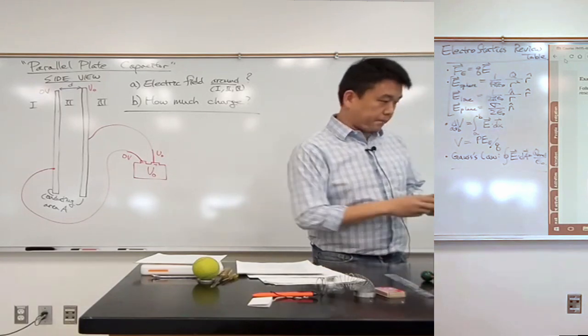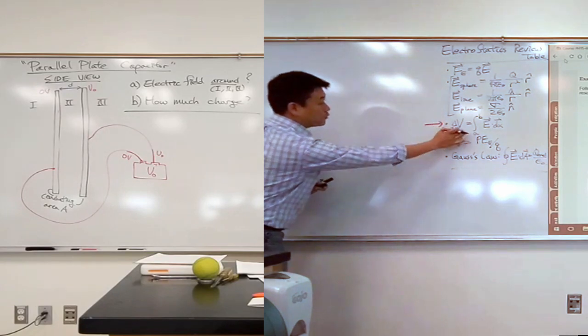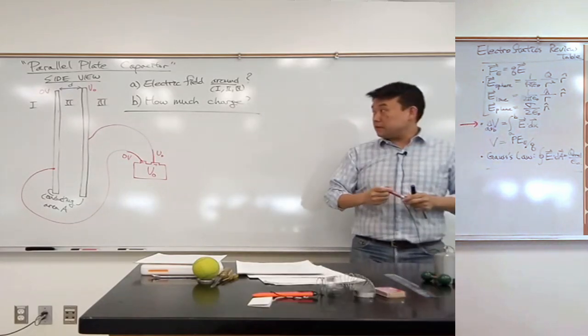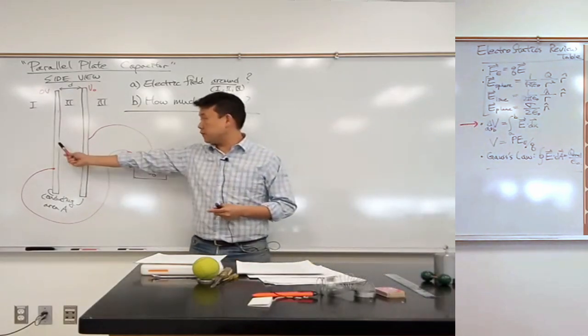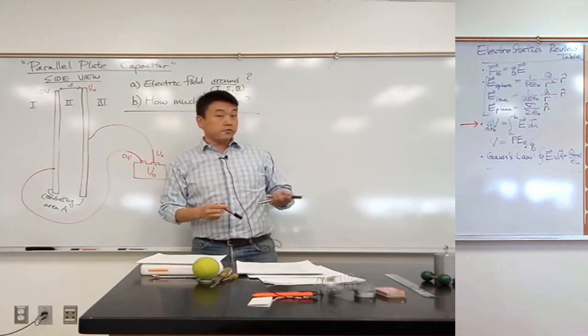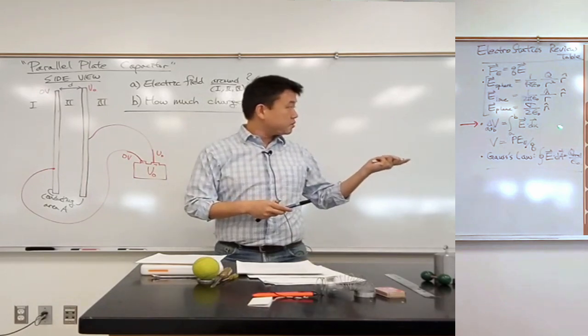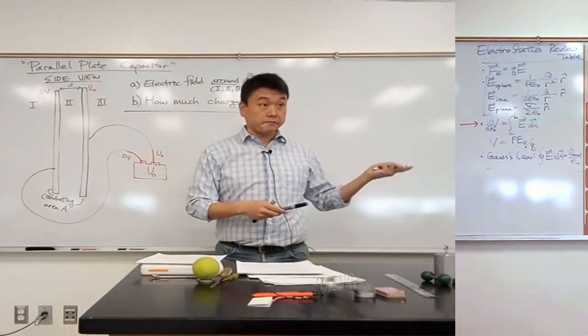So, Kate is looking at this definition of voltage. One of the key pieces of information given here is the voltage difference from this point to this point. And we should be able to relate it to the electric field and some geometric information here.